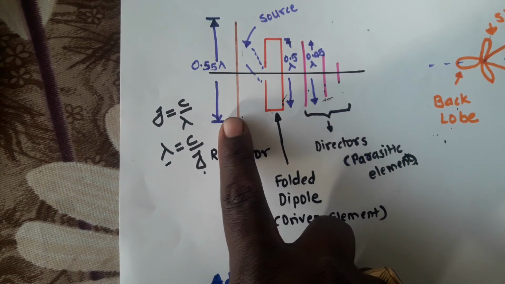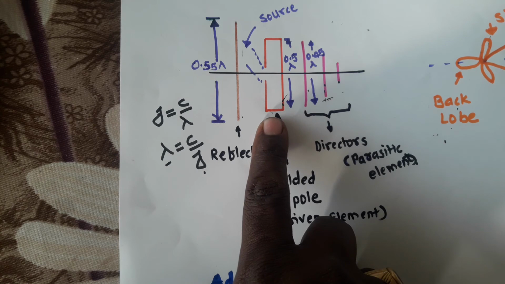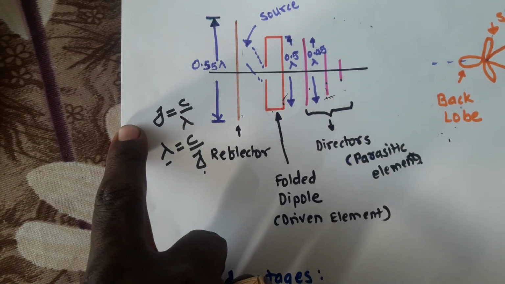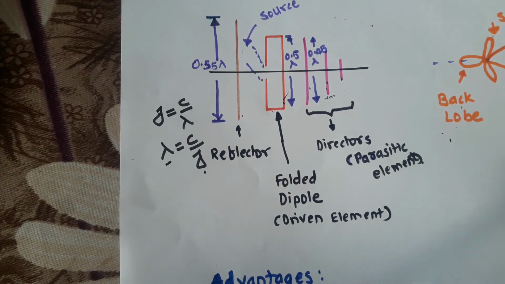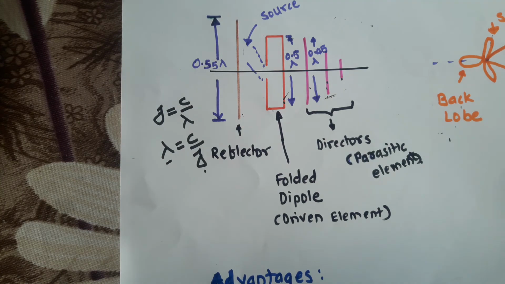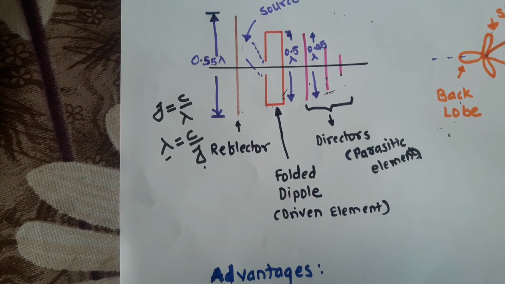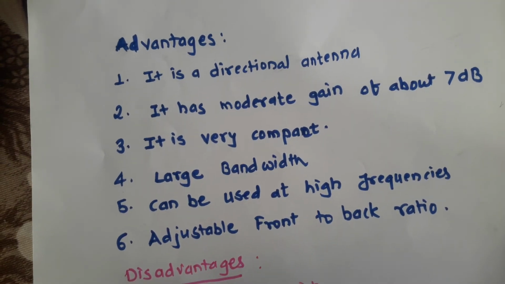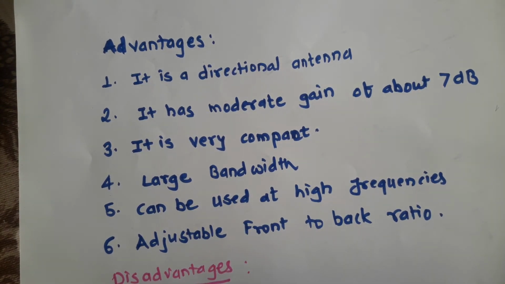If we make it closer to the driven element, then the front to back ratio is different. If we move this reflector away from the driven element, the front to back ratio is different. Then if we change the length of this reflector, then also the front to back ratio is different. Such an adjustable front to back ratio concept is possible only in the Yagi Uda antenna.